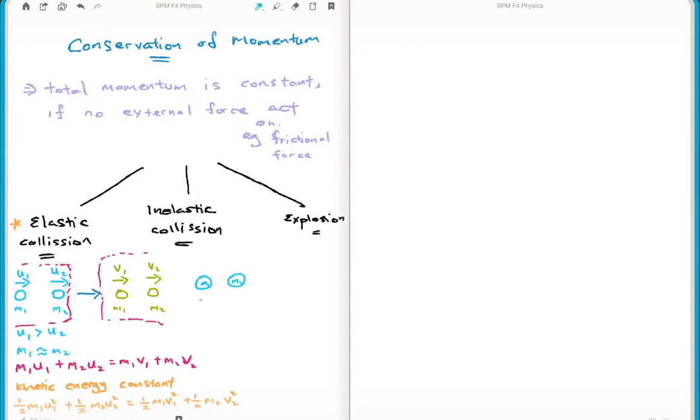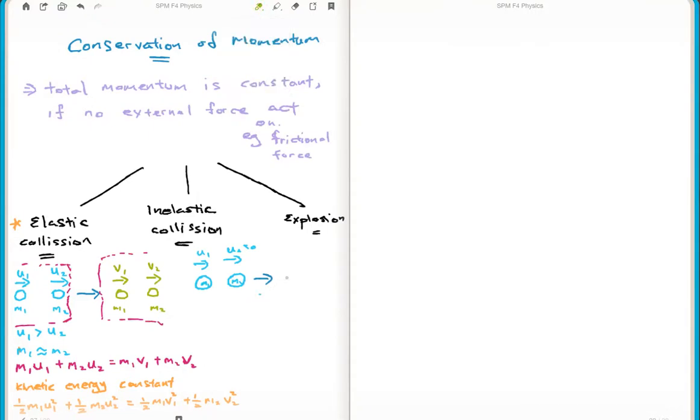Mass 1 moves to the right with U1, and mass 2 maybe moves or not, U2. To make it easier for you to comprehend, U2 is basically equal to 0, not moving. After the collision, what happens? Both the objects stick together and move in the same direction.